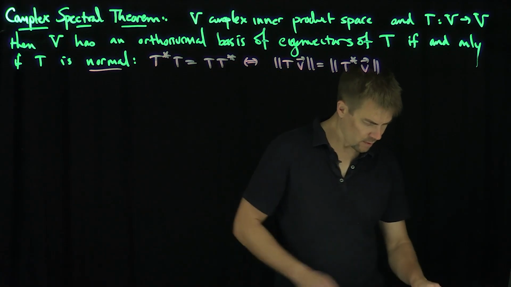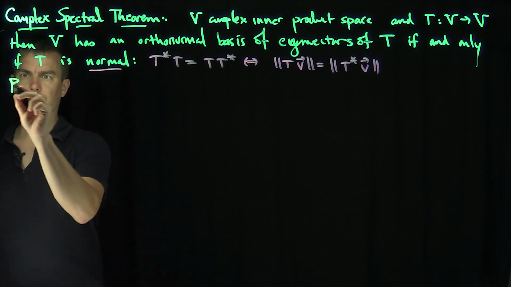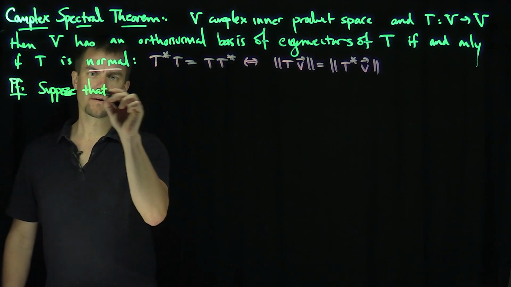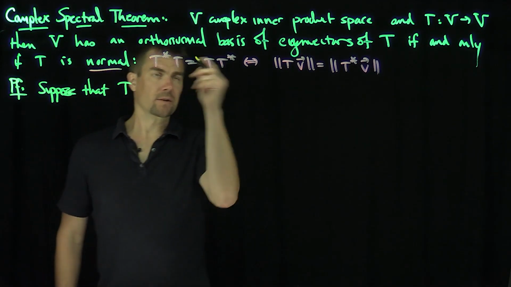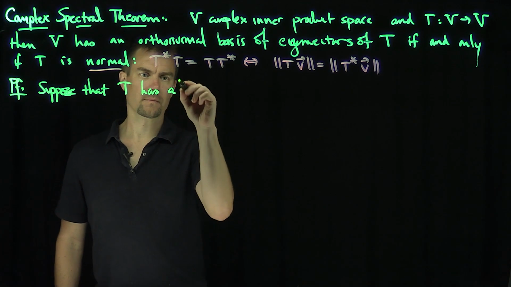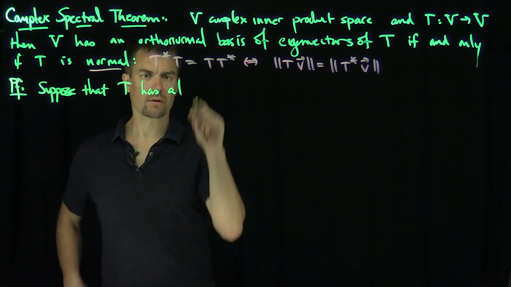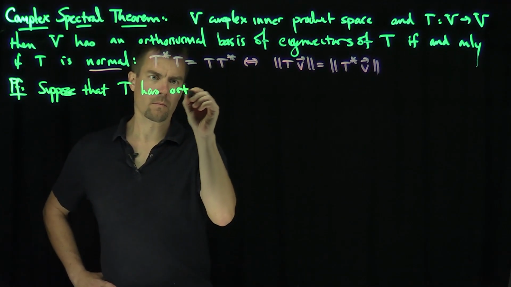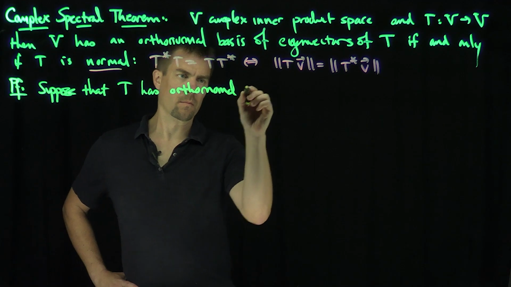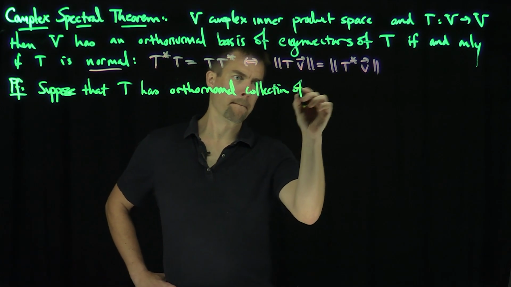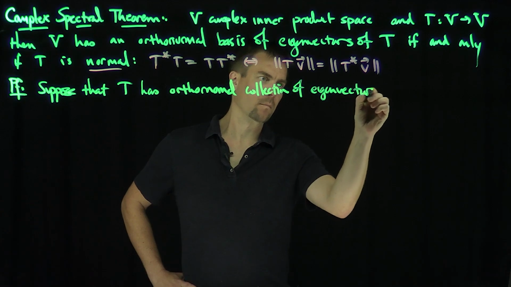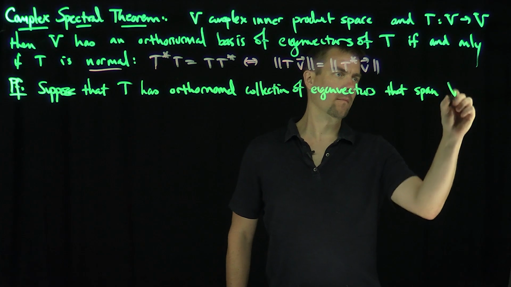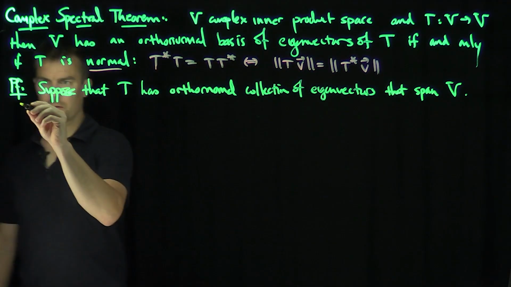So let's first suppose, here's our proof of this theorem. Suppose that T has a collection of orthonormal eigenvectors that span V. Okay, and so list them.